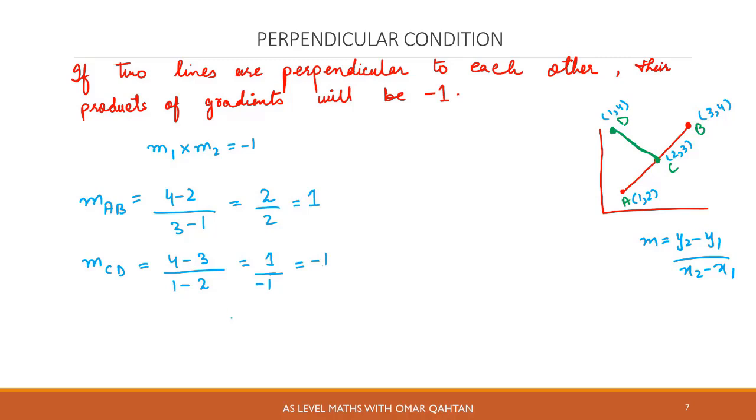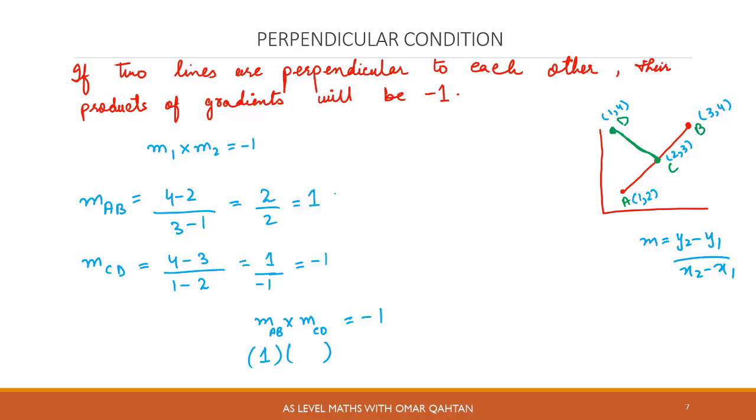So let's substitute this in our equation. M1 into M2 equals minus 1. We have the answer for M1, which is 1. I will write here 1. And the answer for M2, which is CD, I should better write it in this form, like M of AB and M of CD.